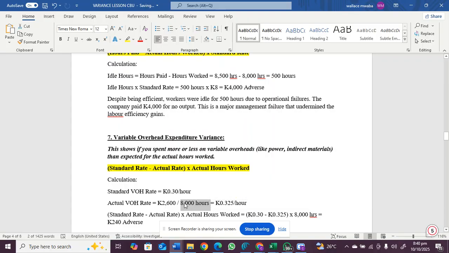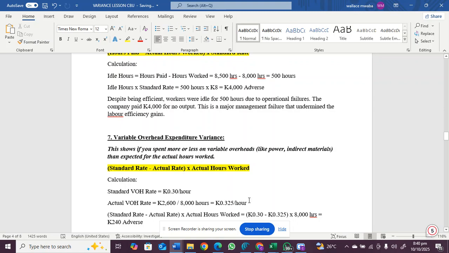Note here that for variable overhead expenditure variance, use the hours worked, not paid for. So 2,600 divided by 8,000 gives 0.325 per hour.